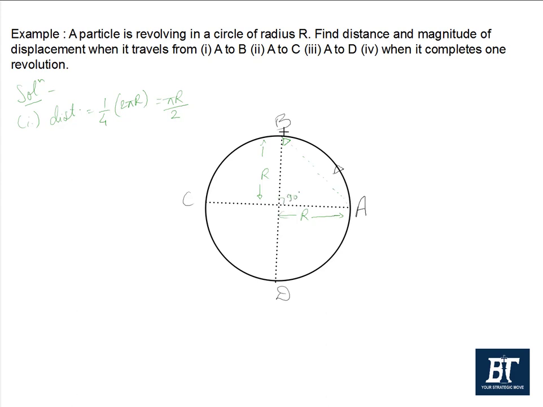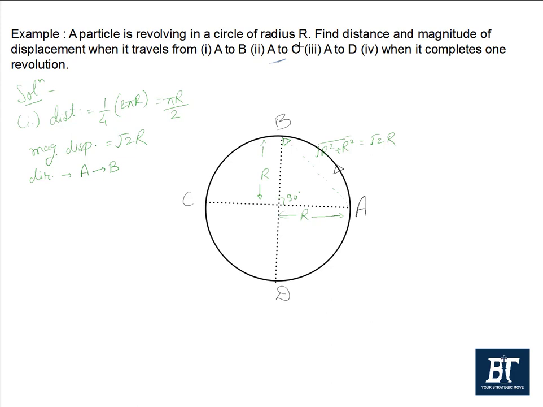So from Pythagoras theorem we can say that this distance is nothing but root 2 r. So magnitude of displacement is root 2 r, and direction of displacement will be from point A to point B.